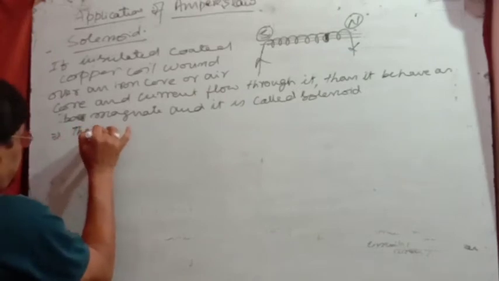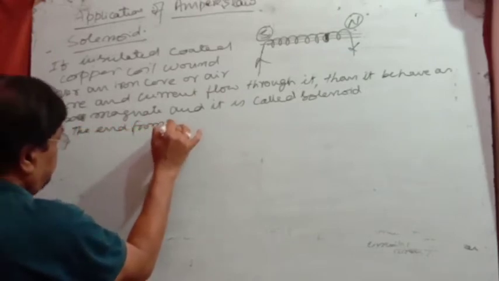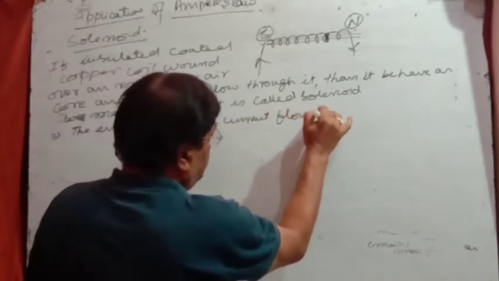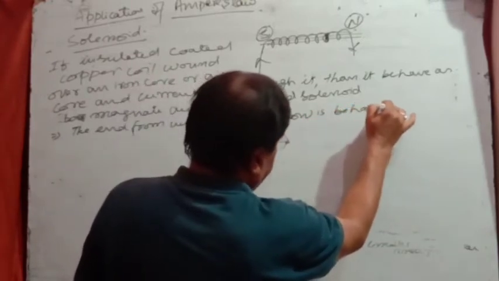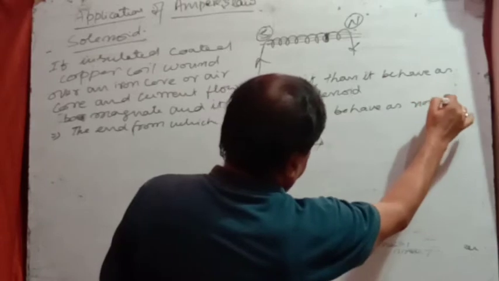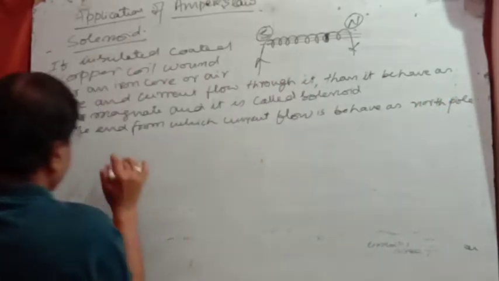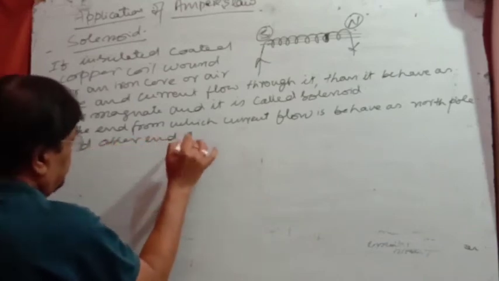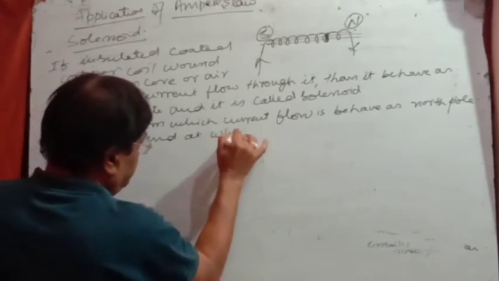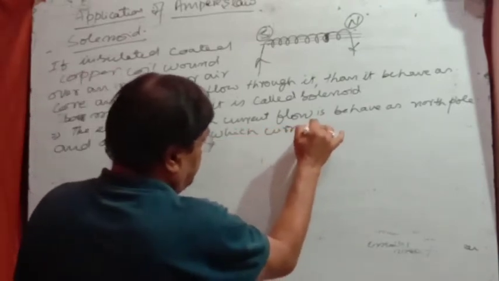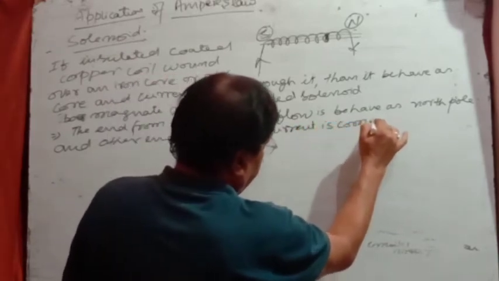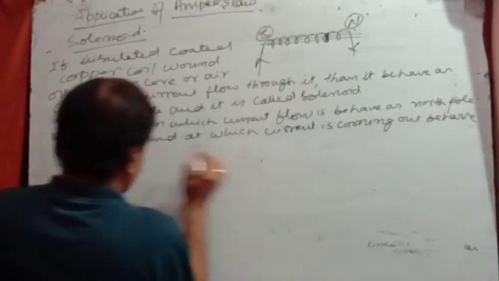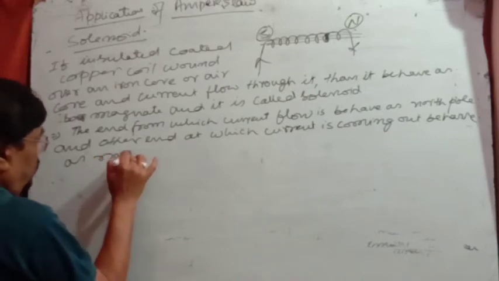The end from which current flows behaves as north pole, and the other end at which current is coming out behaves as north pole.